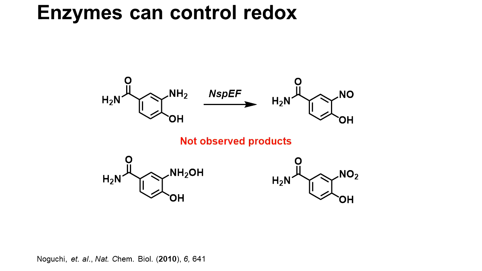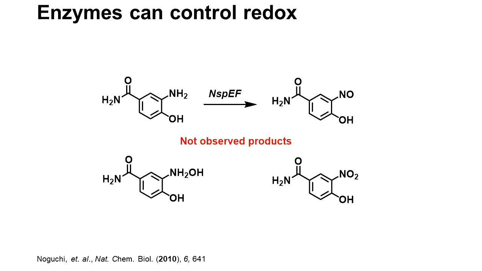Finally, enzymes can control redox. If you remember from organic chemistry, it is very hard to control redox, such as the oxidation of alcohols, for instance, to carboxylic acids or ketones, or aldehydes for that matter. But enzymes are really good at this.